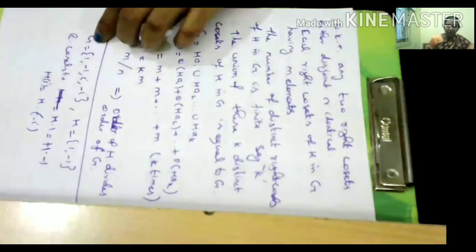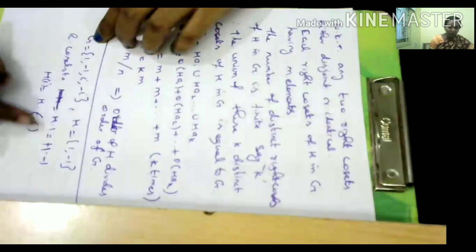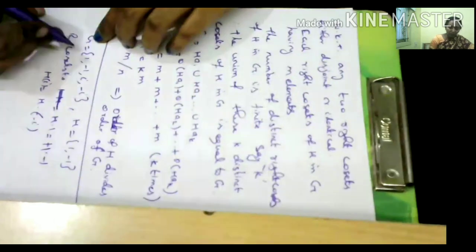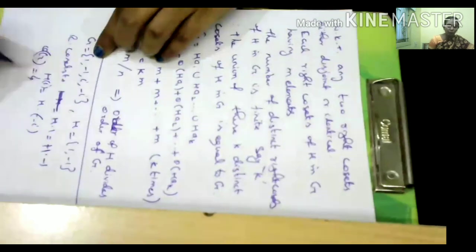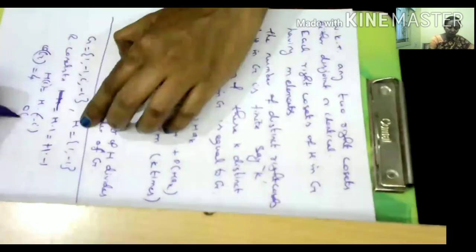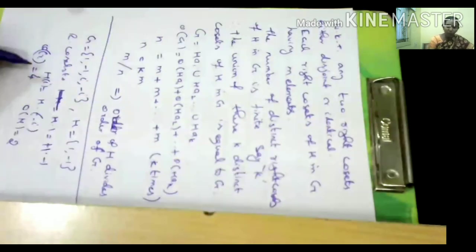So G is a group, H is a subgroup, and we have taken the right cosets. Order of G, the number of elements, is 4. Order of H, the number of elements, is 2. So in this H, there are 2 right cosets.